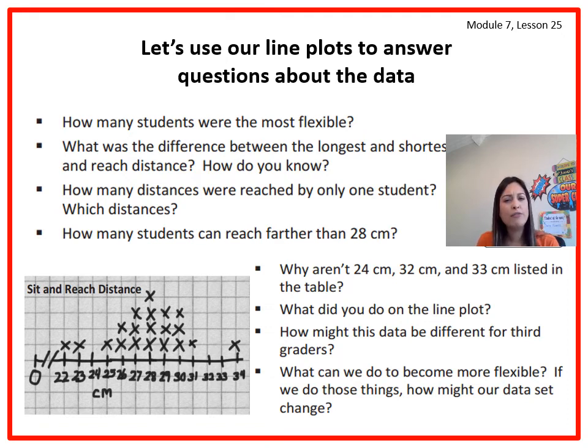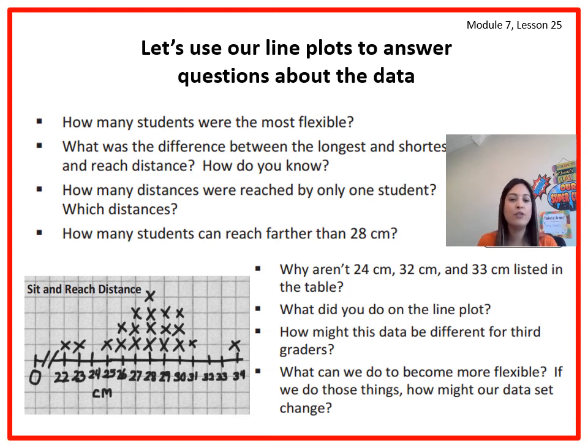Next question. Why aren't 24 centimeters, 32 centimeters, and 33 centimeters listed in my table? If you look at my table carefully, I did not put anything on 24, 32, and 33. Why do you think that was? Because there were no students that reached those numbers.